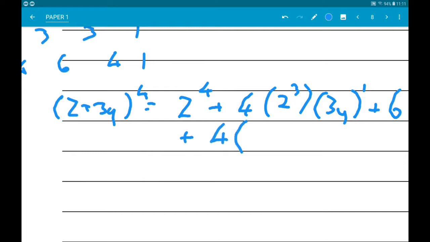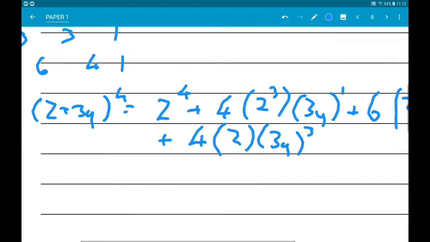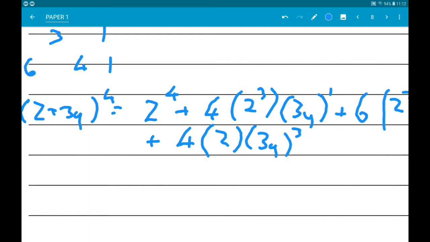The power on 2 goes down, so we've now got 2 to the power 1. And then 3y cubed. And then the final term is just 3y to the power 4.